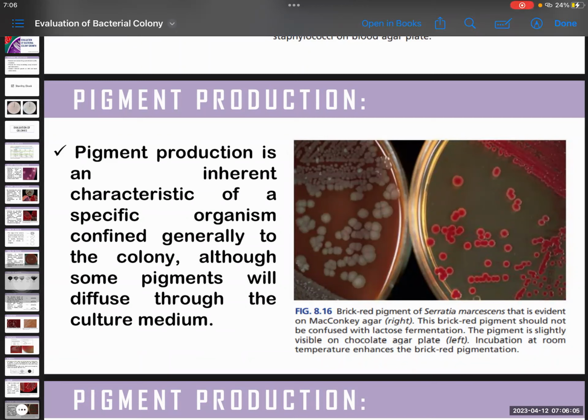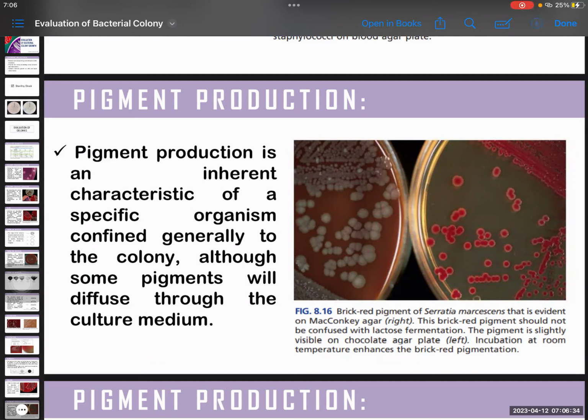So this is a bacterium that is capable of producing a brick red pigment, as evident on the right culture media. So we can observe red pigment production, and this is a very good indication that the organism is Serratia marcescens, because it's able to produce that brick red pigment.